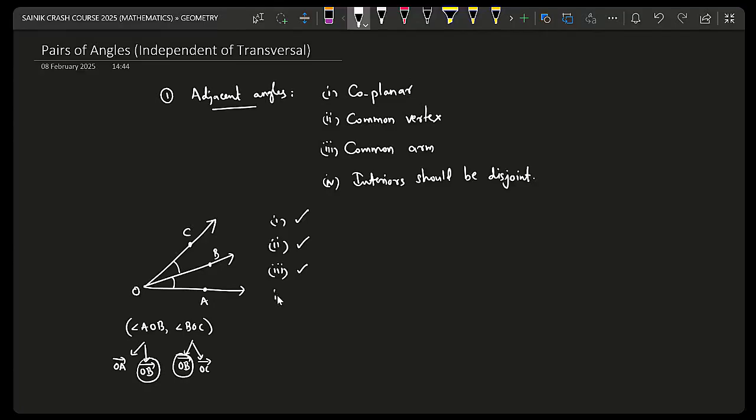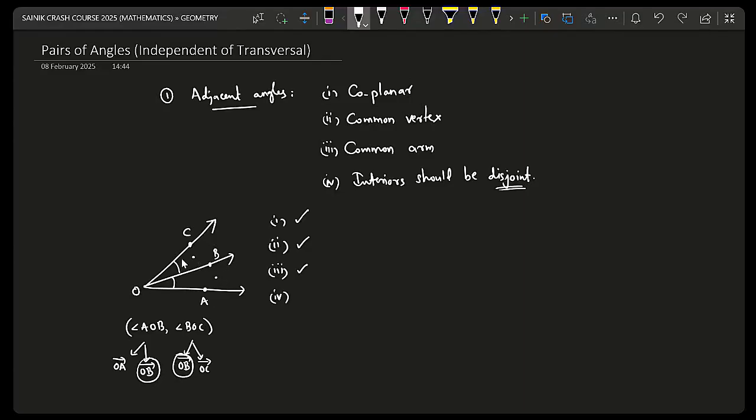And what is the fourth condition? You should concentrate here. Interiors should be disjoint. What do you mean by disjoint? Disjoint means they should not have even one common point. See here, if I put a point in this interior, it belongs to the interior of angle AOB, but it does not belong to the interior of angle BOC. That means they are disjoint.